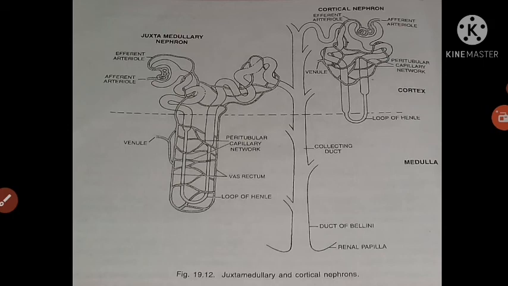A minute blood vessel of this network runs parallel to the Henle's loop, forming a U-shaped structure called vasa recta. Vasa recta is absent or highly reduced in cortical nephron. Hence, cortical nephron is involved in the formation of urine, while the juxtamedullary nephron has the job of concentrating the urine.